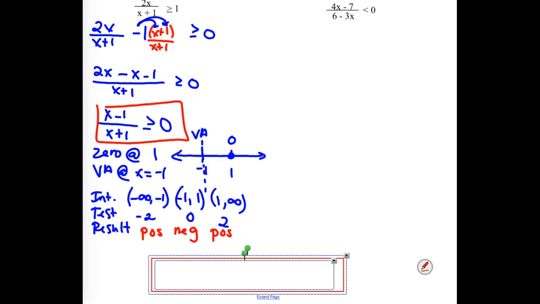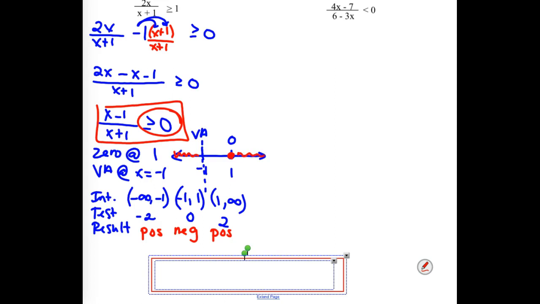All right, so what sections did we want? We want to be greater than 0, right? Or equal to 0. So I can be equal to 0, or I can be something positive. And the section that gave us positives would be everything down here and everything up here.